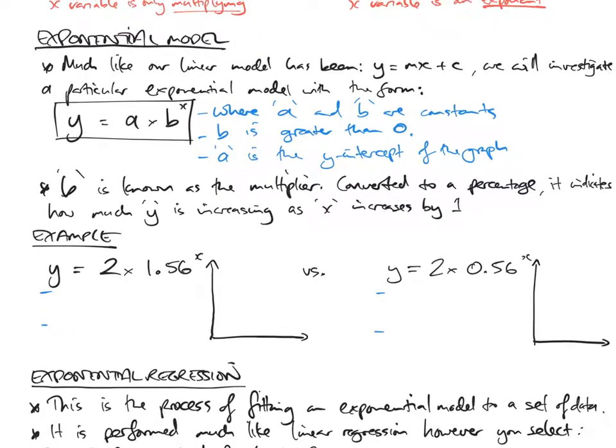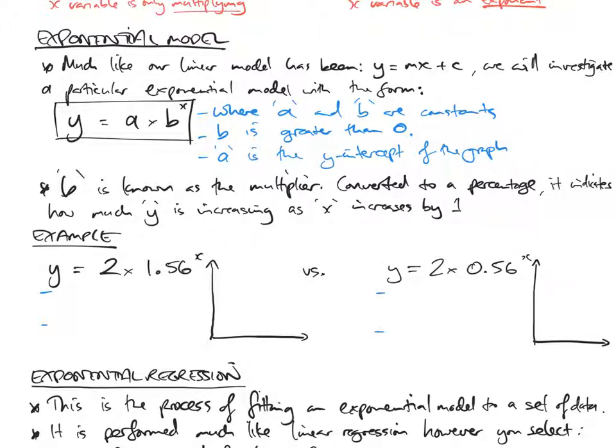So the particular exponential model that we're looking at, because we have looked at a particular linear model, which is in this form, y is equal to mx plus c, we're looking at a particular exponential model that has this form here. Y is equal to a times by b to the power of x. And a and b are constant numbers.